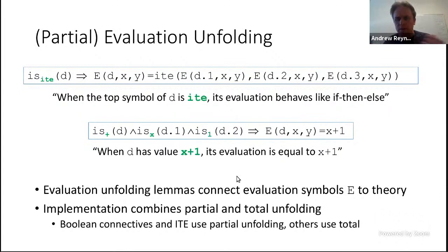And so what this enables is essentially the quantifier-free theories, in this case linear arithmetic, working in cooperation with data types to do the enumeration. And we combine partial and total evaluation unfolding, where Boolean connectives and ITE use partial and the others use total.